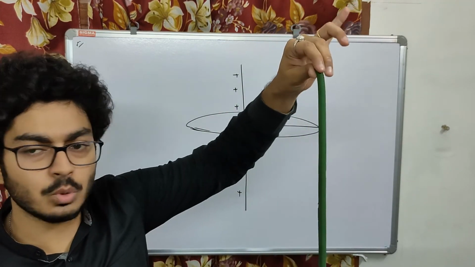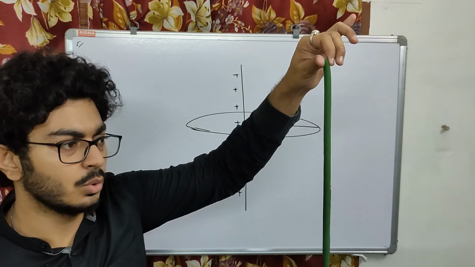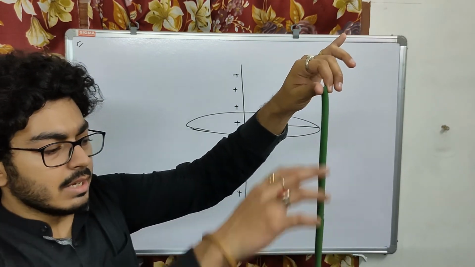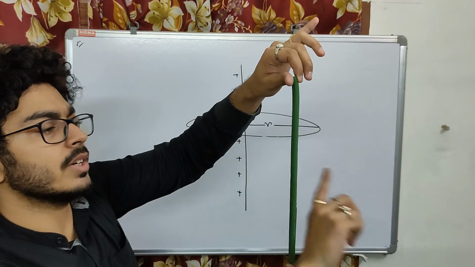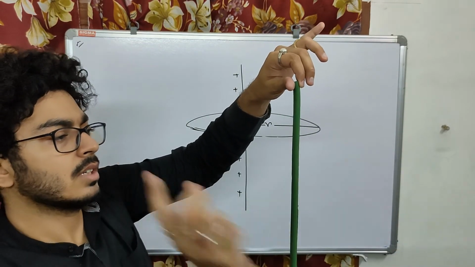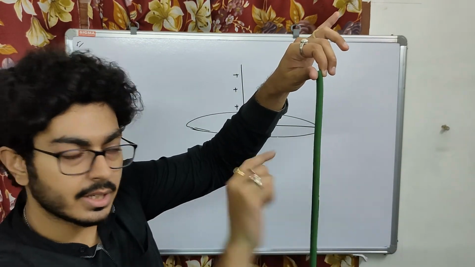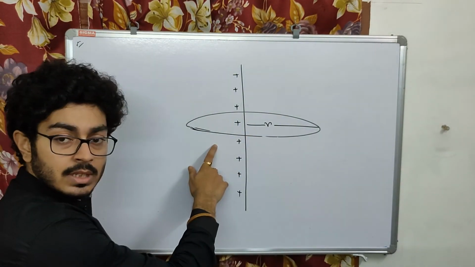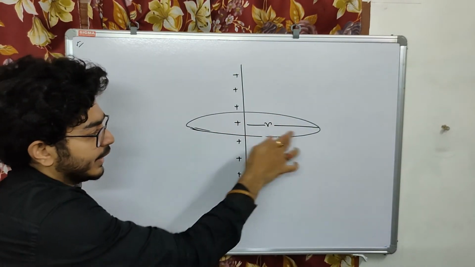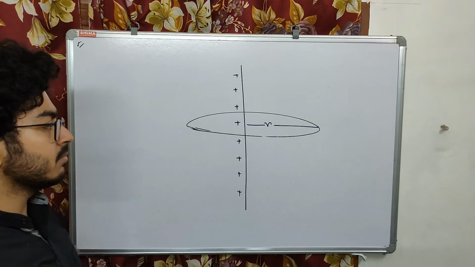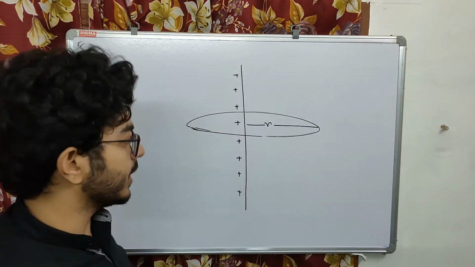Just consider this to be a conducting length L which can have some charge. If there is charge and the electron is revolving around it, this is the scenario, and the electron revolving in an orbit should have some radius.